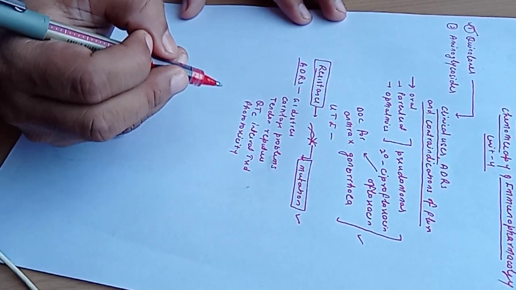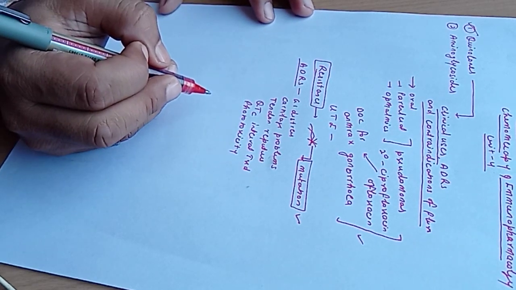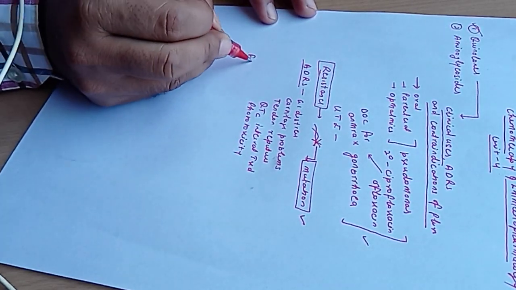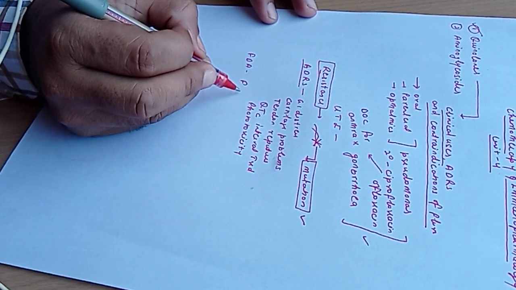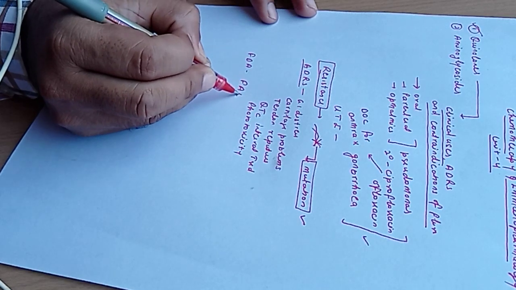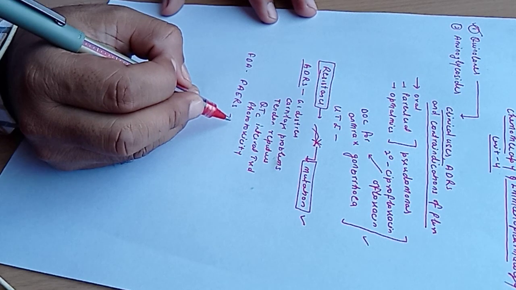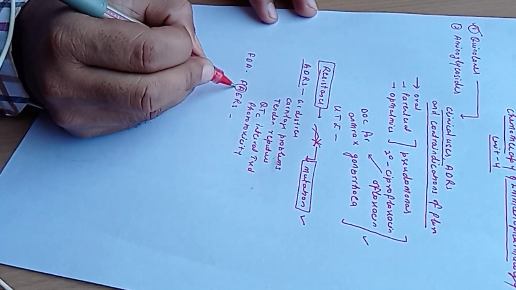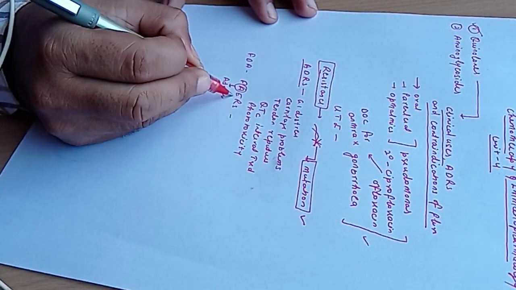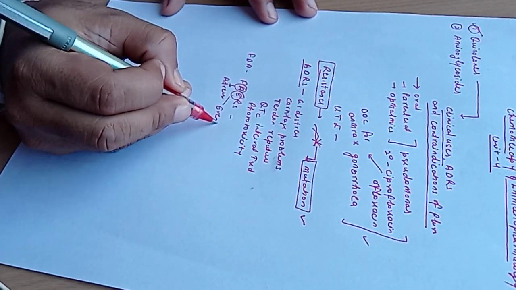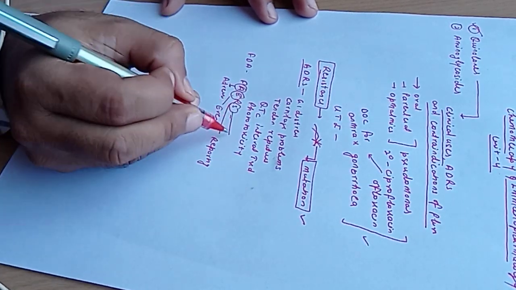These ADRs are particularly analyzed by the FDA in its database. The FDA database is a well-known database, that is FAERS, the FDA Adverse Event Reporting System. E is for event, R is for reporting, S is for system.